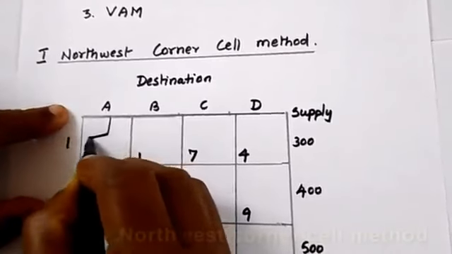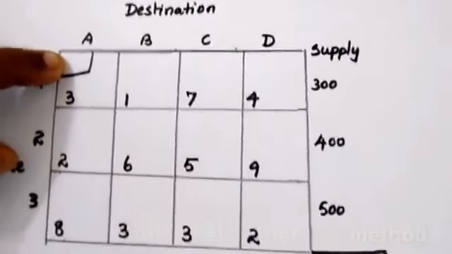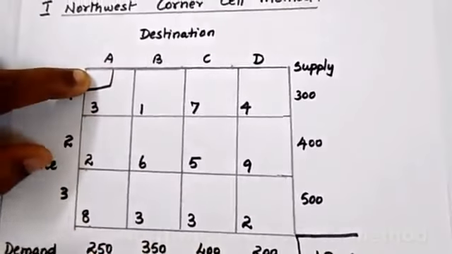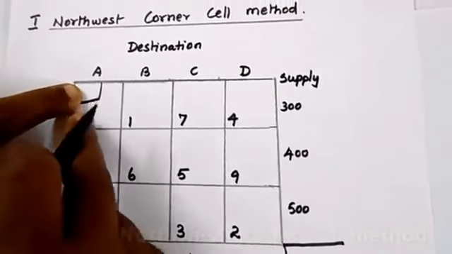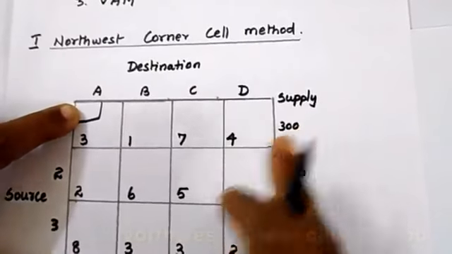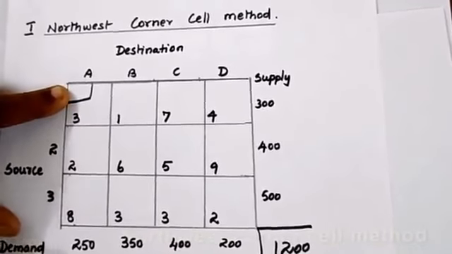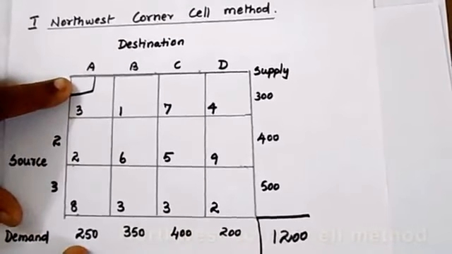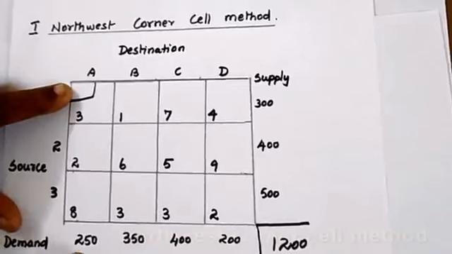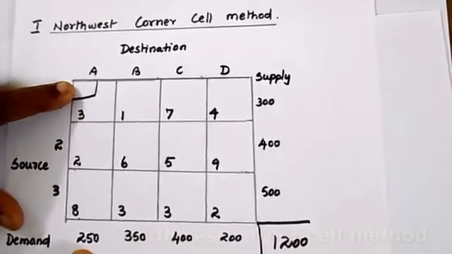Before you allocate the value, you have to compare the demand for the particular column and the supply for the particular row. Here supply is 300 but demand is only 250. Which one is the lesser value? Demand is lesser, so you allocate only the demand, because based on the demand we can supply.